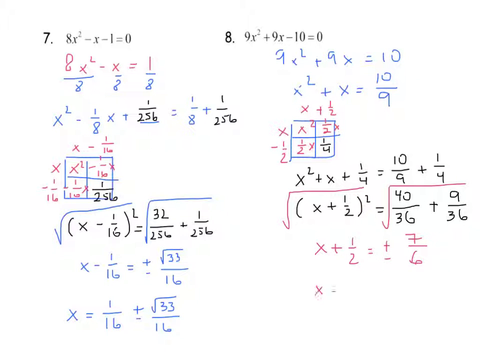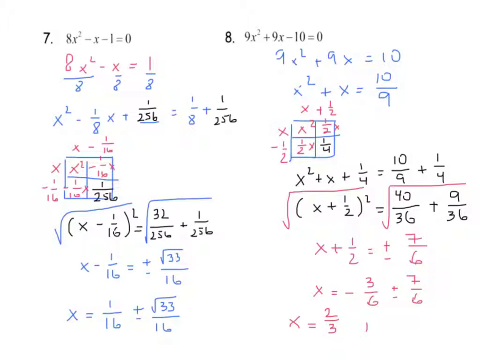So x will equal negative 3/6 plus or minus 7/6. So in this case, since I can combine those, I will have two solutions. I can write out the two solutions, which will be x equals negative 3/6 plus 7/6 is 4/6, which is 2/3.